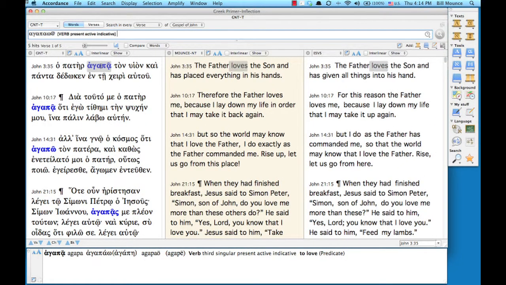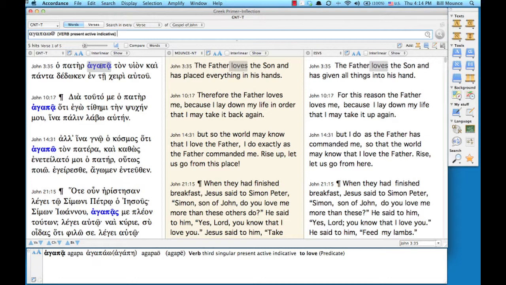Now you remember we talked about linkages, and there's two ways that a verb is linked to its subject. One is that it's going to agree with its subject in person and number, so we know that the subject of agapao is a third person singular. But we also know that the other linkage is that the subject has to be in the nominative case.